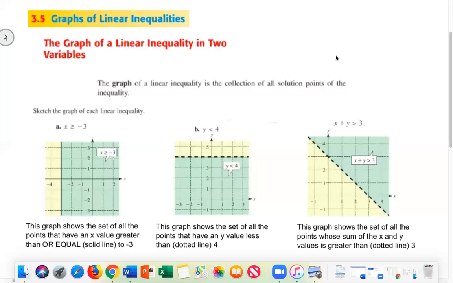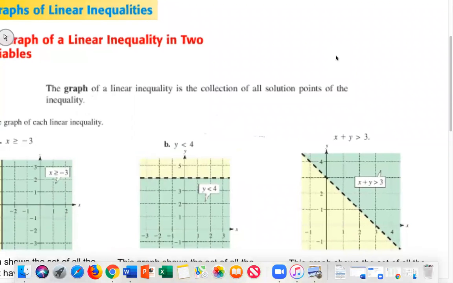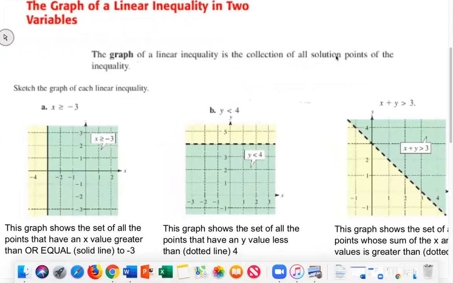So let's just talk about what our answers are going to look like. The graph of a linear inequality is going to be the collection of all points. So it's going to be a shaded region. It's either going to be above the line or below the line. I'm going to be talking about that a lot. And it's going to be difficult to understand, is that above or below?